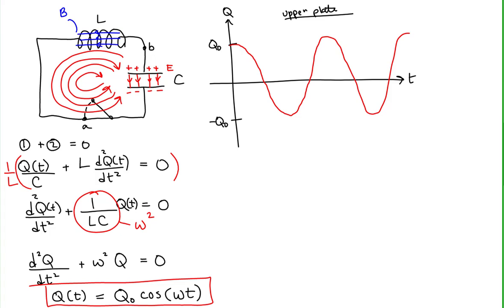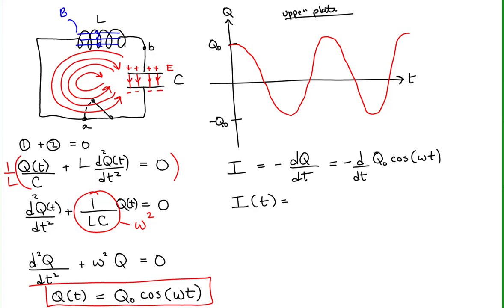And we could look at that because remember, current is equal to minus the time rate of change of charge in our LC circuit. And that's the charge again on the upper plate. And since we know that charge is equal to the amplitude of charge times cosine of omega t, when we evaluate this derivative, we get that current varies as a function of time as well.